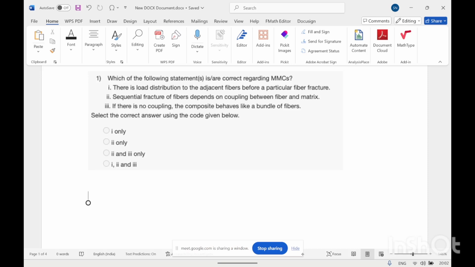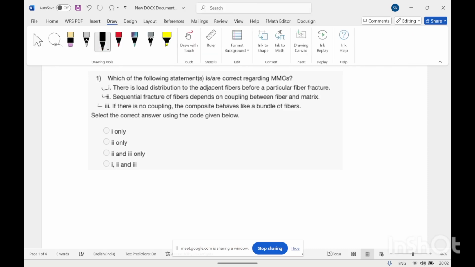This is correct. The third option says if there is no coupling, the composite behaves like a bundle of fibers. In this question, all three statements are correct, because there will be load distribution to the adjacent fibers before a particular fiber fractures, from the fiber to the matrix.